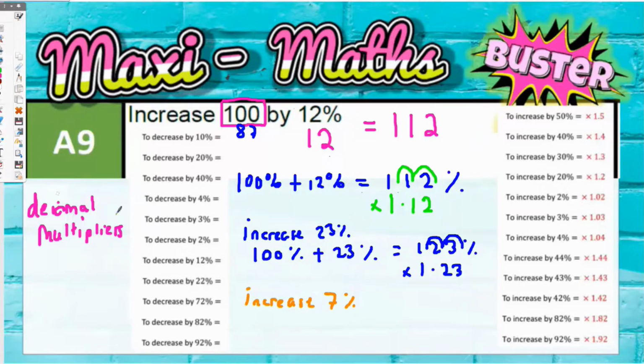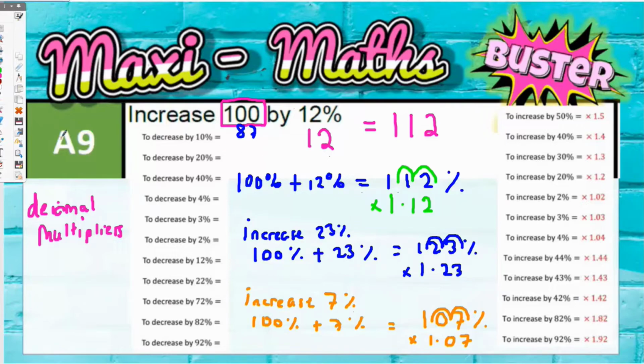So if you follow the same logic, it would be 100% plus 7% equals 107%. Move your decimal point in two places to get your decimal, and that would leave you with 1.07. So obviously that's different than just 1.7.